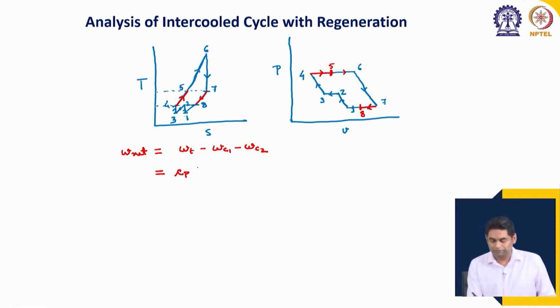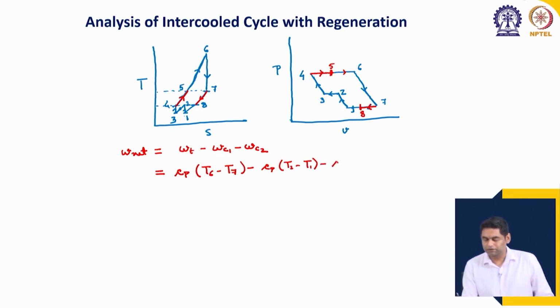So, C P into T 6 minus T 7 minus C P into T 2 minus T 1 minus C P into T 4 minus T 3. This is the net work output.